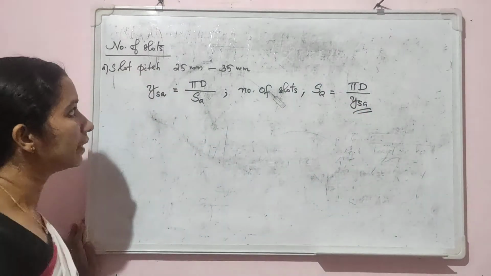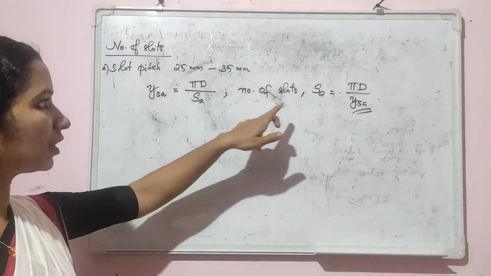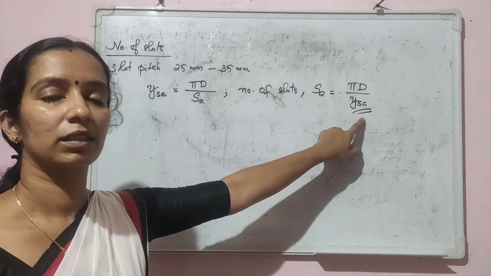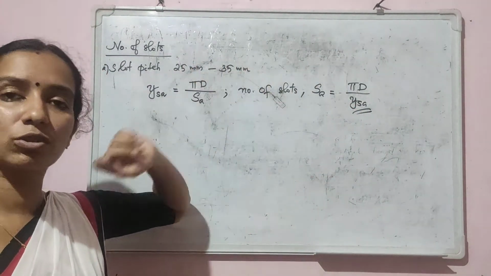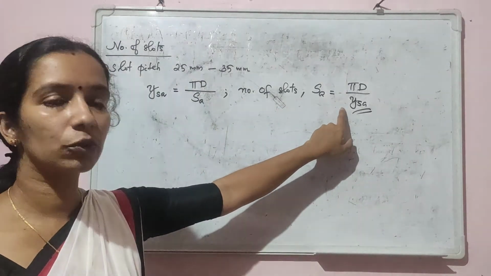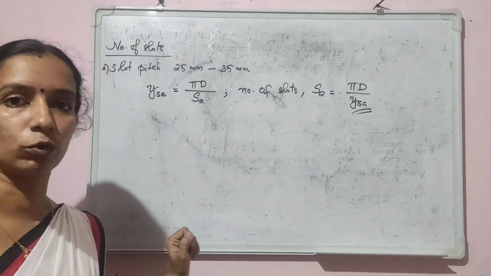Okay. So now we have the range 25 mm to 35 mm. Substitute those values here and find out the range of slots. These are the limiting values of slot pitch. On substituting those values in this equation, we will get the range of slots.